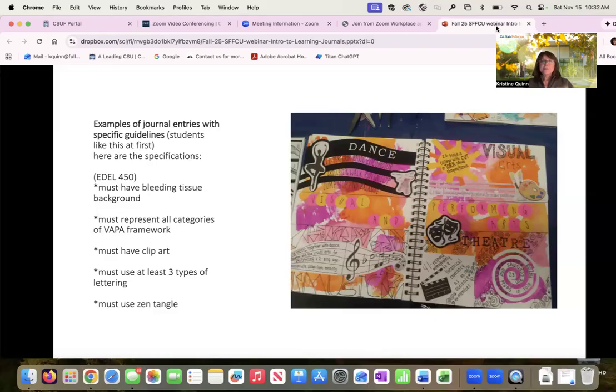They have to use clip art. That just means something that they have printed on paper. They have to use different types of lettering, and they have to use Zentangling. When I give them those five strategies or requirements to use, they are usually quite successful. It gives them some sort of structure as they are learning to create in their journals.